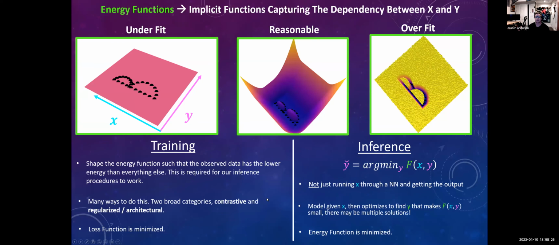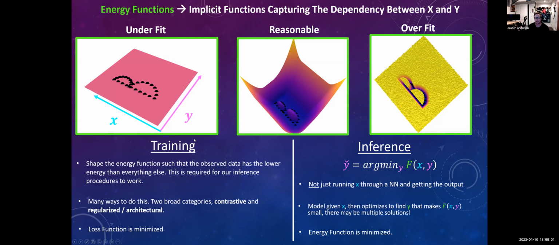Okay, so taking a closer look at what an energy function is, I want you to think about an energy function as being an implicit function that captures the dependency between X and Y. This is in contrast to an explicit function, which a deterministic neural network would be, which would compute Y given X. Now we're going to try to just model the dependencies of X and Y. So in this first row of images, the black beads represent our manifold of data.